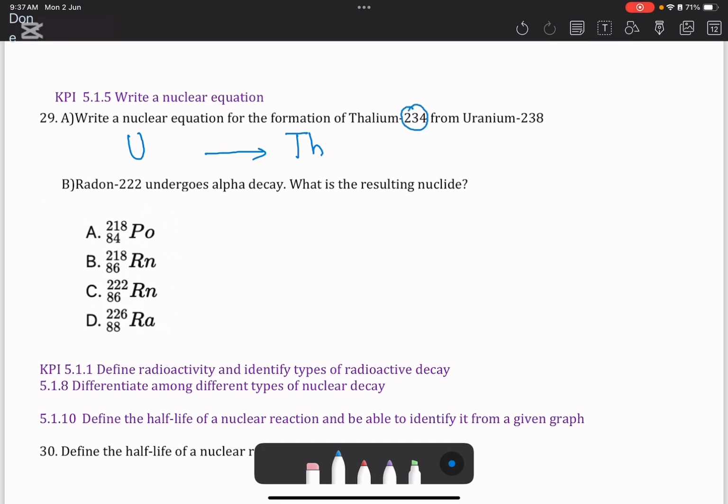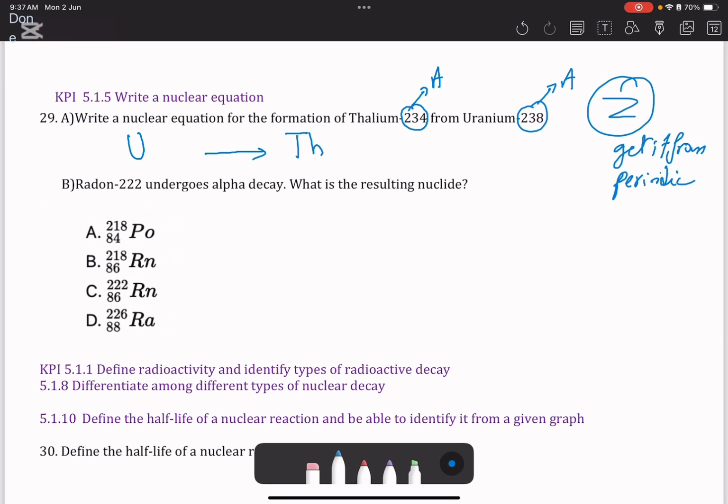Whatever number they give you, this is the mass number, because the atomic number Z you can get from the periodic table. It doesn't change. It's constant and unique for every atom. So 238 and 234.